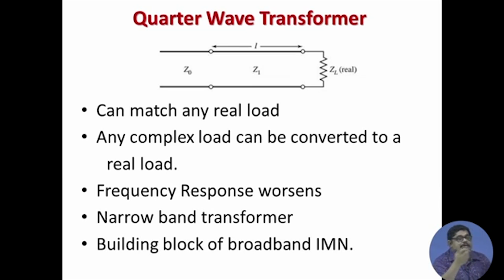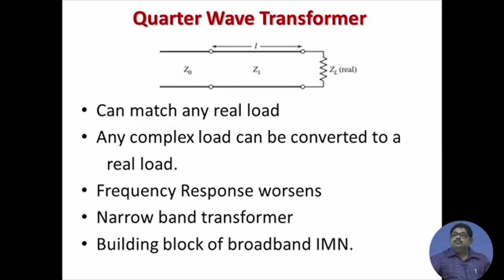At the input of this quarter wave transformer you get a transmission match. So, it can match any real load, but it cannot match any complex load. But you do not have any problem, because by those stub matching you can convert a complex load to a real load.